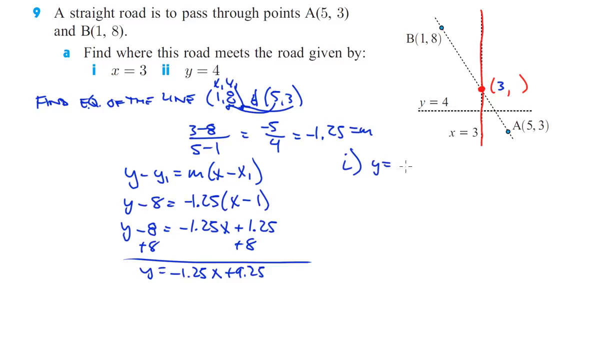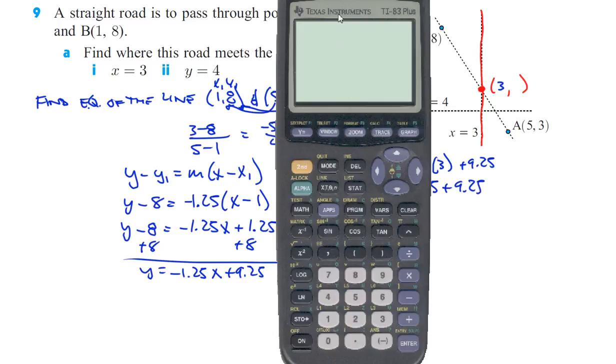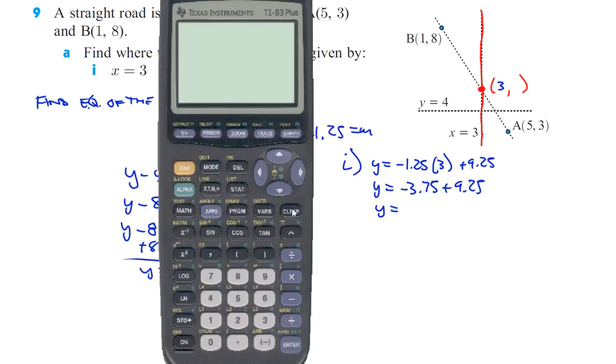So y equals negative 1.25 times 3 plus 9.25. That gives us negative 3.75 plus 9.25. Negative 3.75 plus 9.25 gives us 5.5.